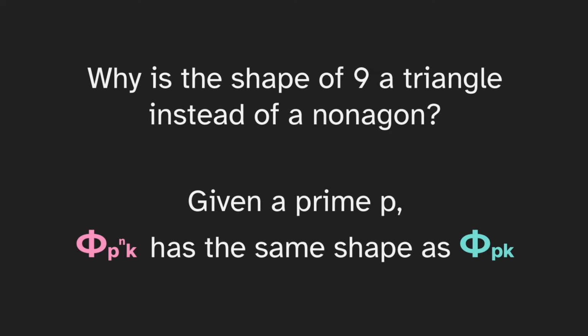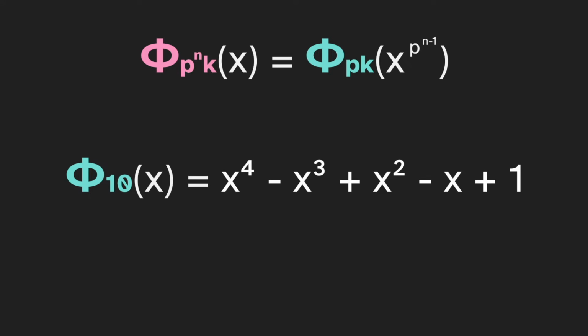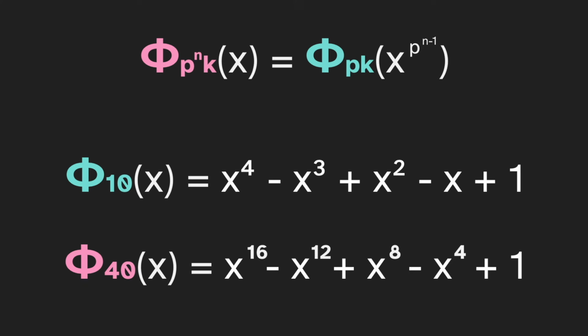If a number is divisible by p, further multiplying by p doesn't change the shape. And this we see very similarly. Here, phi sub p to the nk of x is equal to phi sub pk of x to the p to the n minus 1. For example, here is phi sub 10, and here's phi sub 40. We multiply by 4, and we see that all of the exponents have been multiplied by 4.